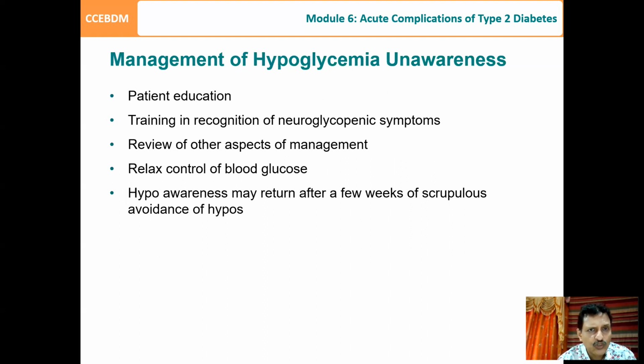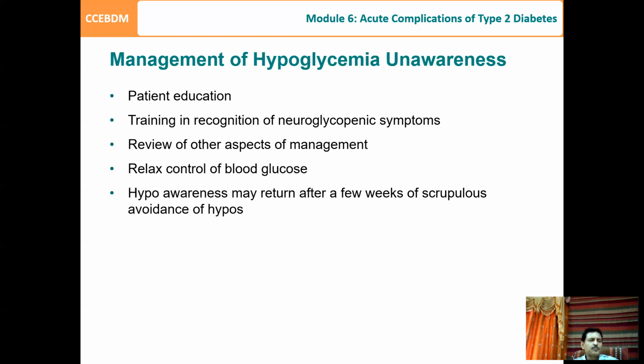What we need to do is educate the patient and train the patient to recognize the neuroglycopenic symptoms and get himself or herself treated immediately, because he will not face the adrenergic symptoms. We have to look into the management strategy of the patient, and if the patient is in tight glycemic control, we have to relax the control and avoid hypoglycemic episodes.